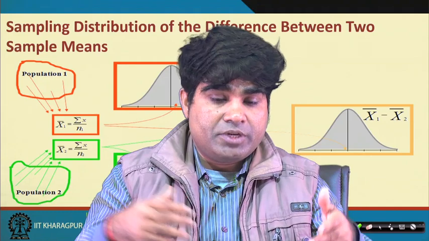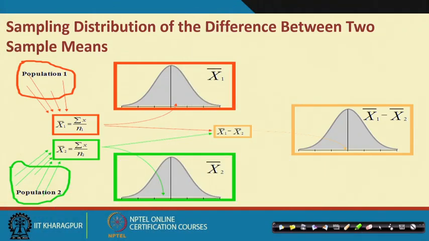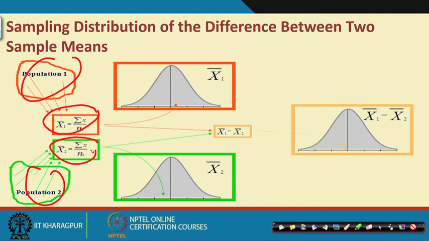So, here the typical structure is like this. There is a population 1 and a population 2. In population 1 we are drawing a particular sample, and the corresponding sample mean is x1 bar, and in population 2 we are drawing a sample x2, and the corresponding sample mean will be x2 bar.